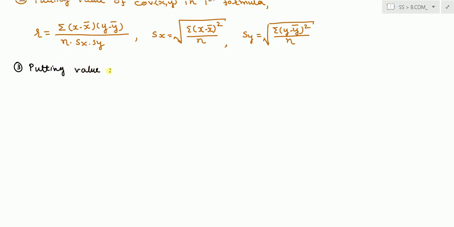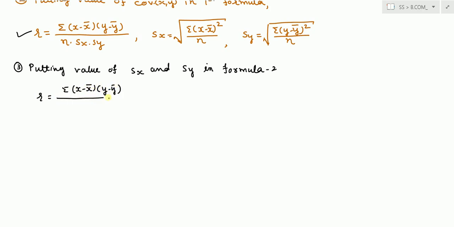Putting the values of sx and sy in formula number 2. See, this is our formula number 2, and we have to put the values of sx and sy. r is equal to sigma x minus x bar into y minus y bar upon n, the numerator as it is.